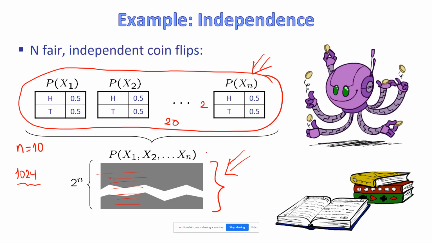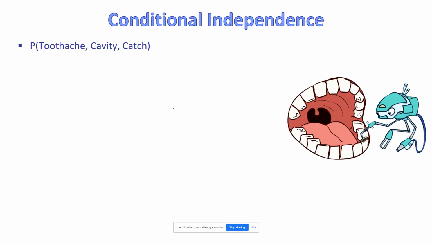Okay, then let's switch to conditional independence, and please pay attention with me on that. Let's say that we have another world now, and in this world we have 3 variables. Toothache, which again indicates whether I have a pain in one of my teeth or not. Cavity, which is a cavity in that tooth. And catch.